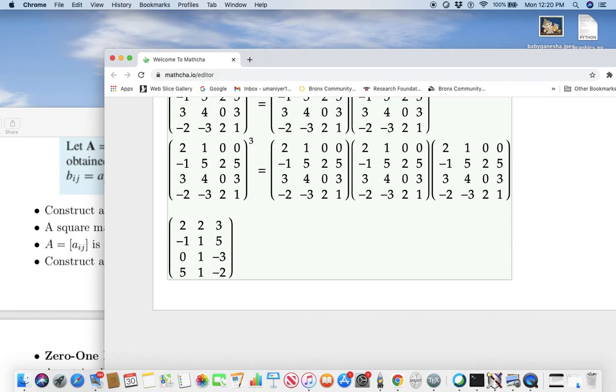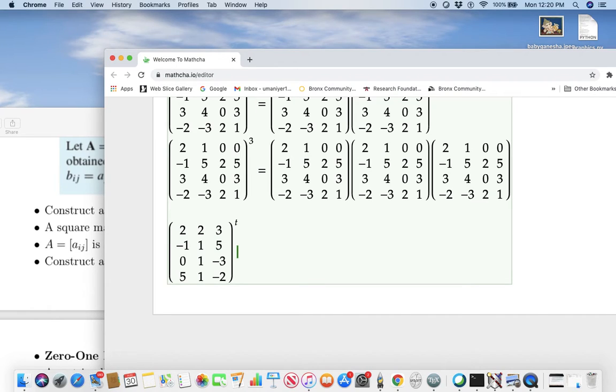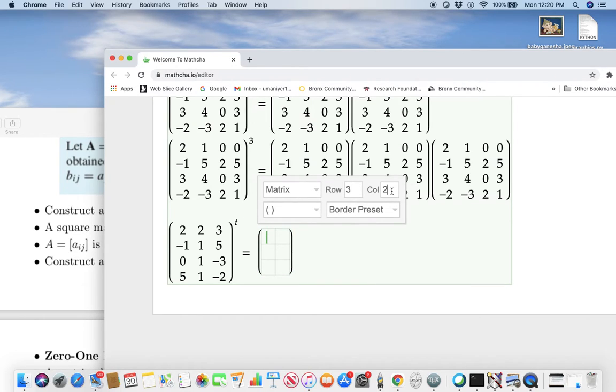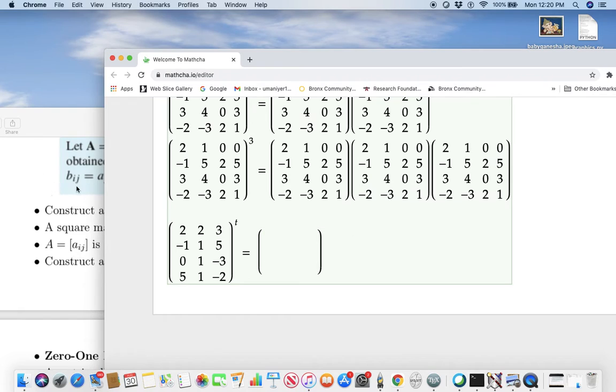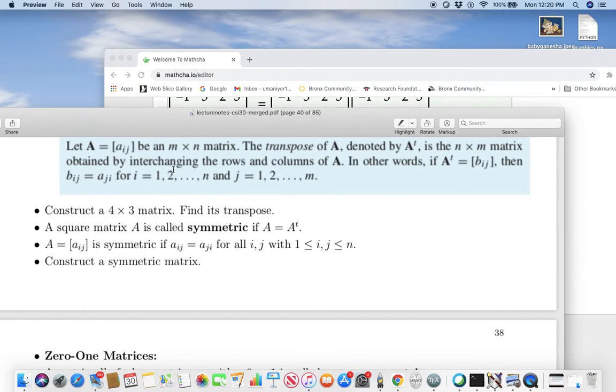Okay, so this matrix, let me see what the transpose of this matrix is. This is 4 by 3, so the transpose will be 3 by 4. Interchanging rows and columns.